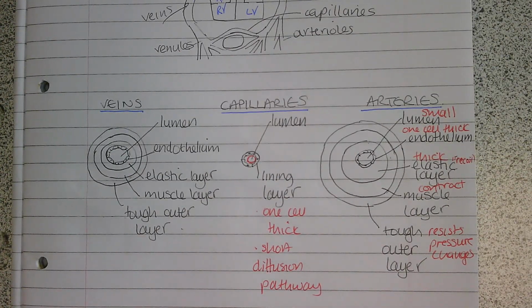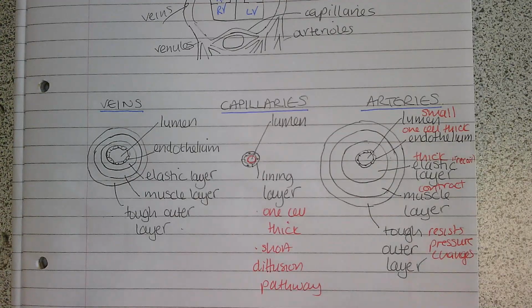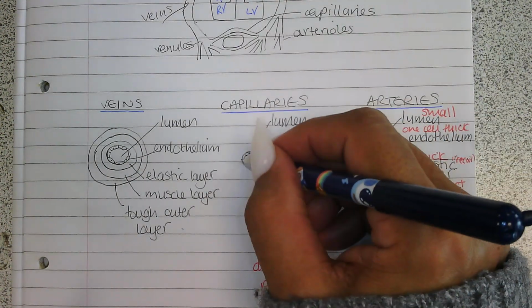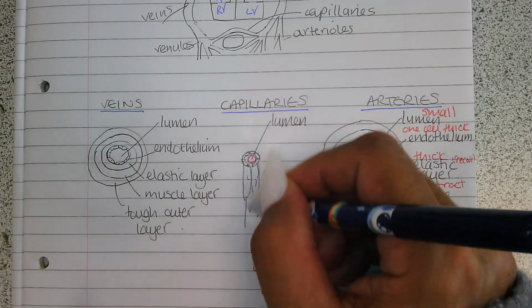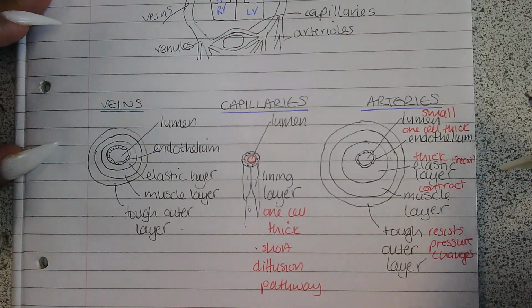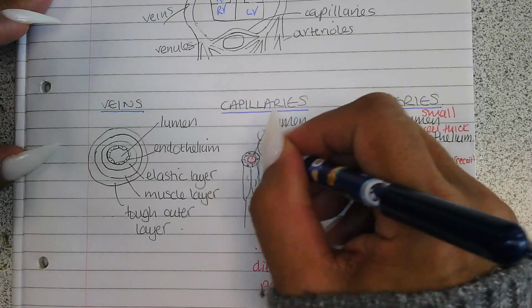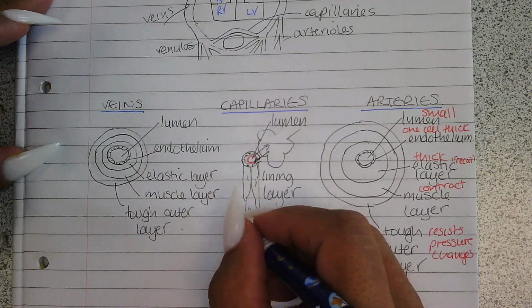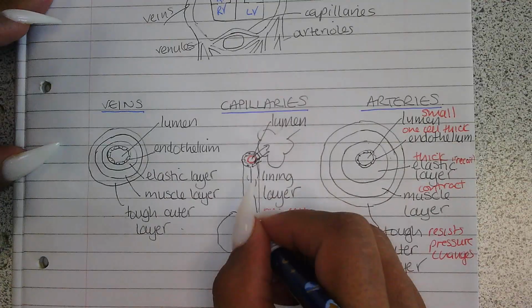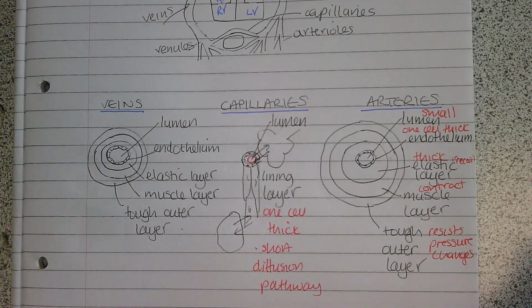And just to put this into context, if this were a capillary at one end, we need a short diffusion pathway for gas exchange at the alveoli, and we need a short diffusion pathway for gas exchange at the respiring cells.